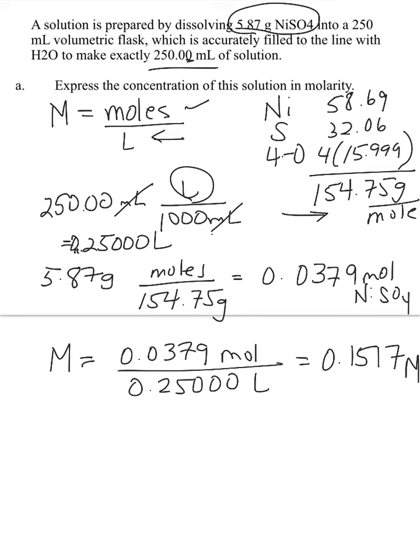And the last thing we have to do is just check our significant figures. Now, if we go back to what we were given in the problem, the nickel mass has 3 significant figures, and the volume has 5 significant figures. So since we're essentially doing a division here, our answer should have 3 significant figures.